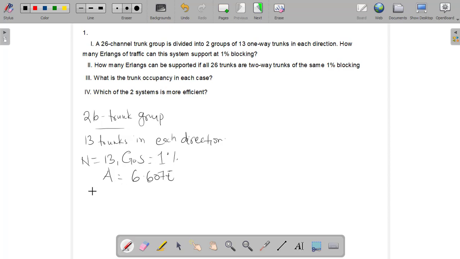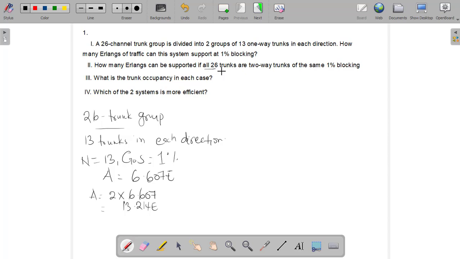So to find the total traffic, it is going to be twice 6.607 because this is a symmetric system. We have 13 trunks in each direction, so it's going to be twice the traffic in one direction. That gives us 13.214 erlangs.